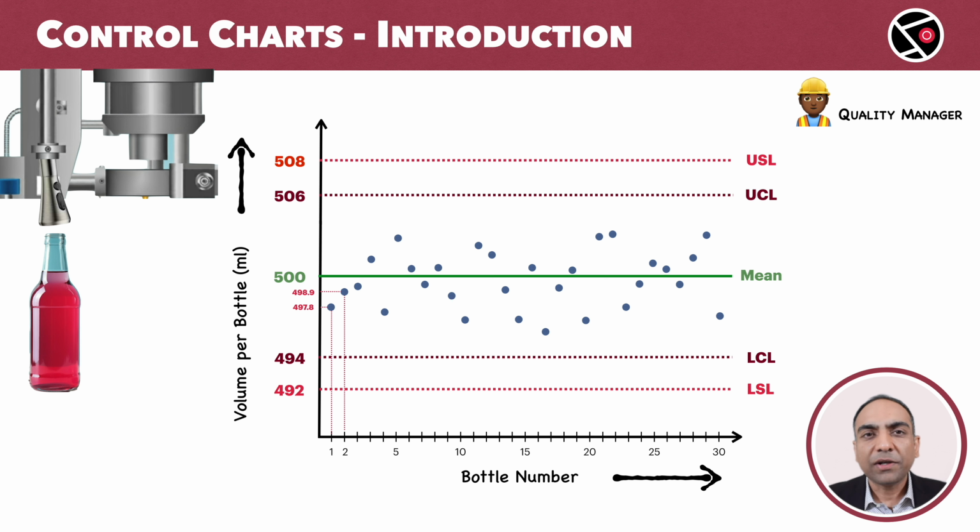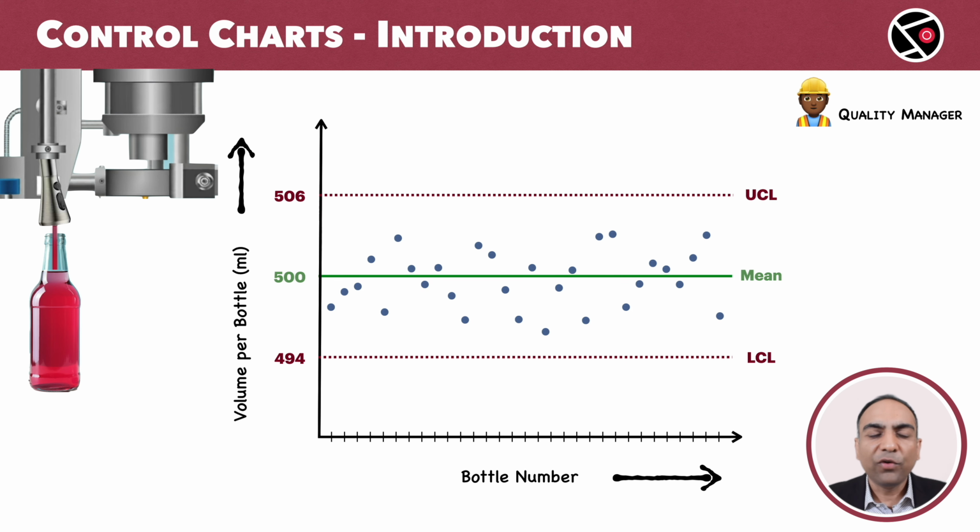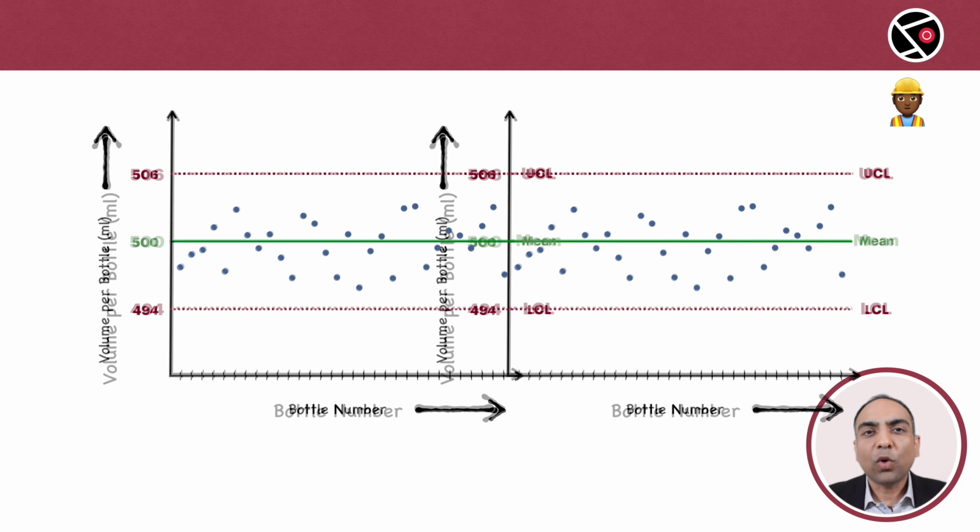Let me highlight an important point. The customer specifications require all data points to stay within the specification limits. But the quality manager focuses on keeping all data points within the upper and lower control limits. For now, let's set aside the USL and LSL and view the control chart from the quality perspective.